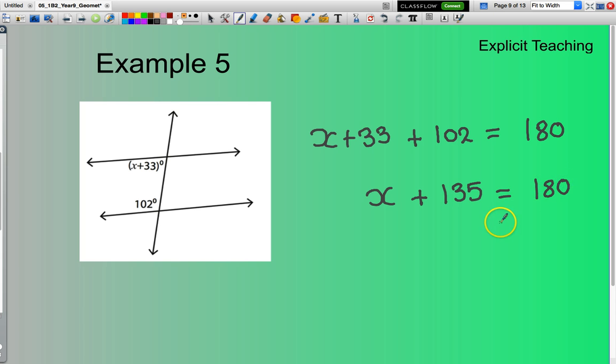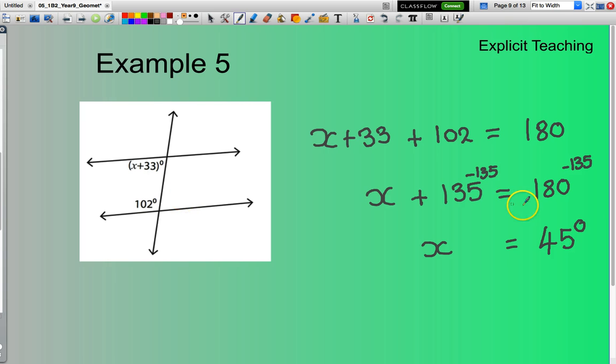Now, looking to solve for x, I need to subtract 135 from this side, subtract 135 from this side. So I end up on the left hand side, x will equal, now 180 minus 135 is a straight 45 degrees. So I can say the value of x is 45.